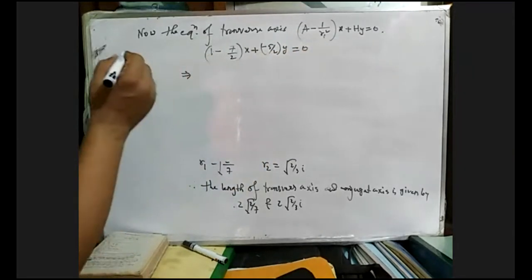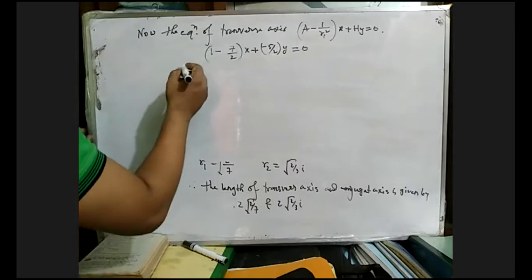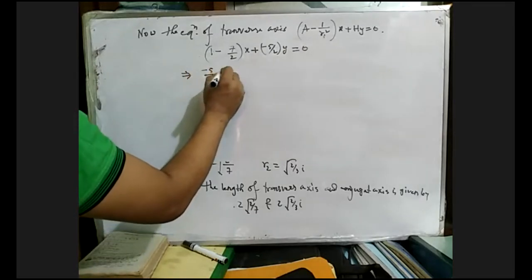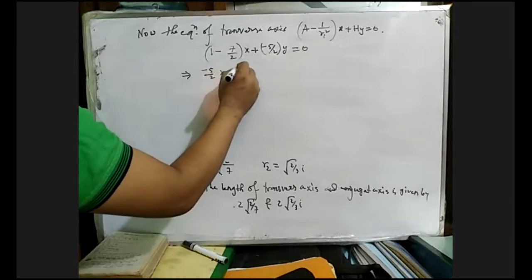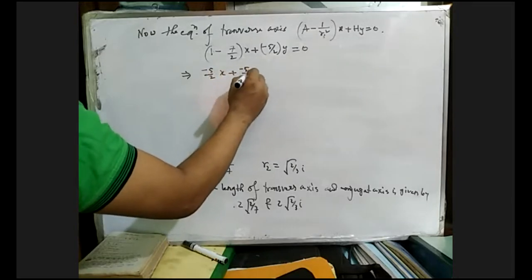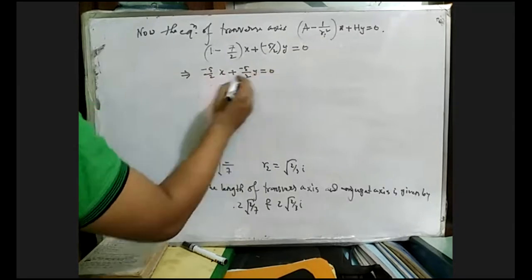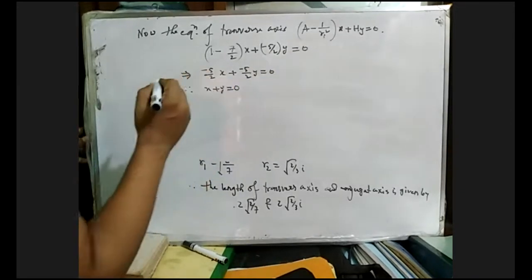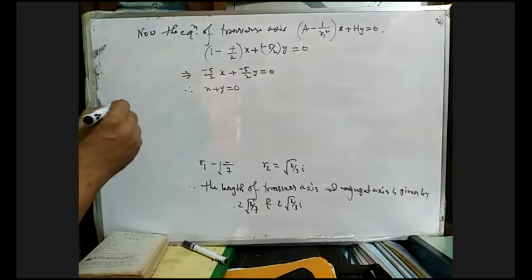From this line we get minus 5 by 2x plus minus 5 by 2y equals 0. Therefore, x plus y equals what? 0.